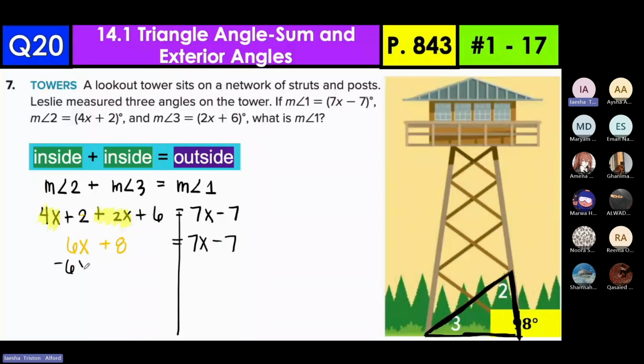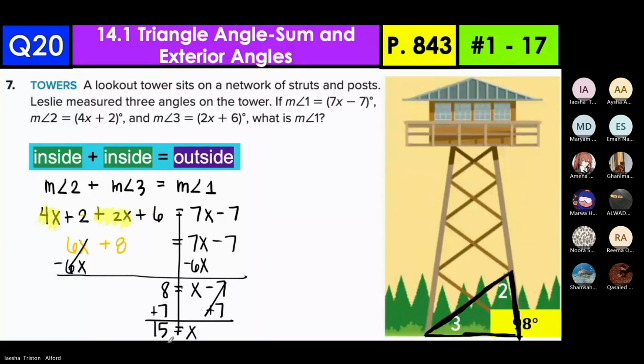Subtract 6x both sides. This is 0. 8 is equal to x subtract 7. Add 7 both sides. This is 0. X is equal to 15.